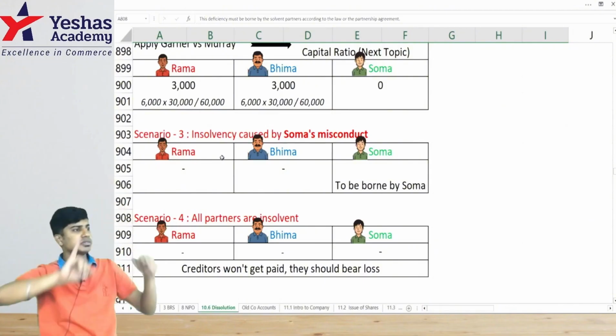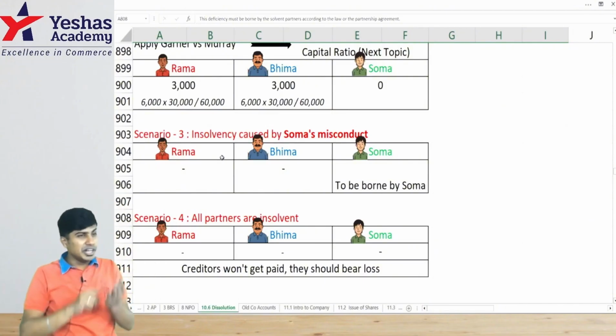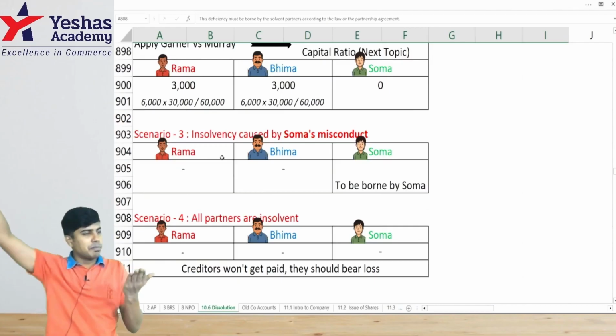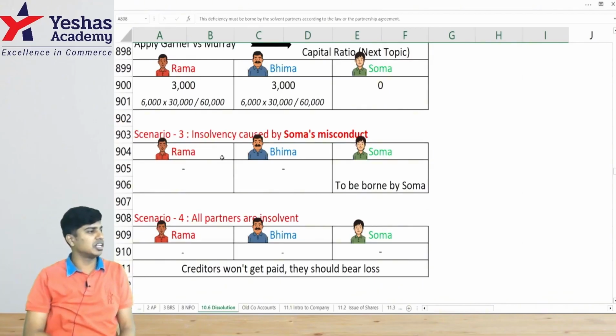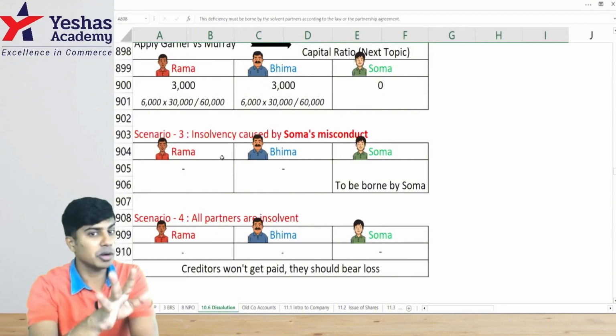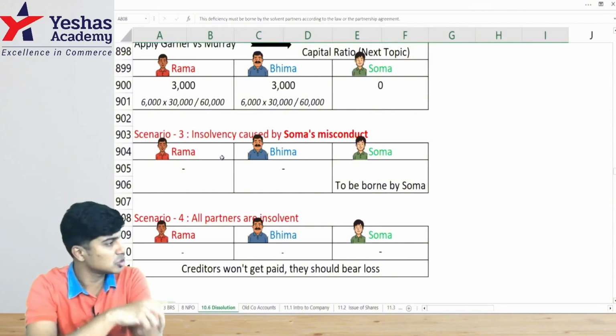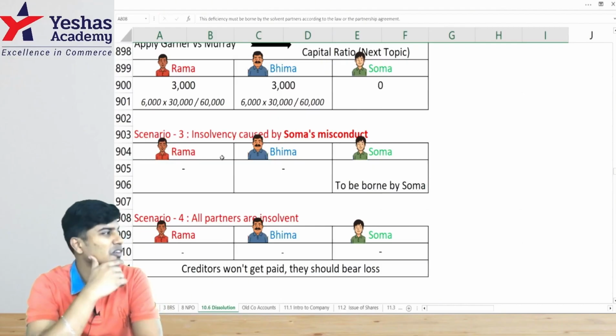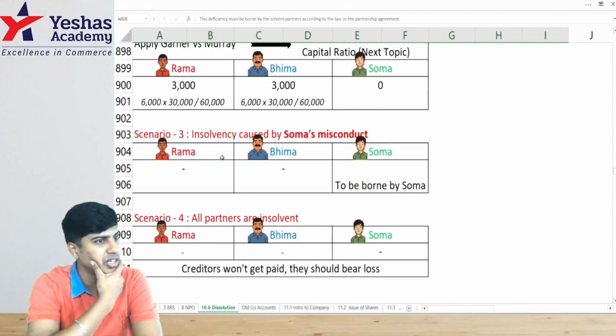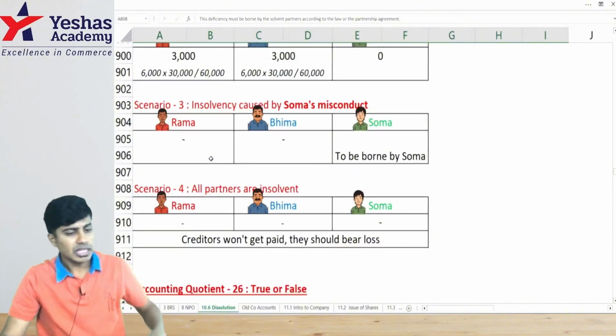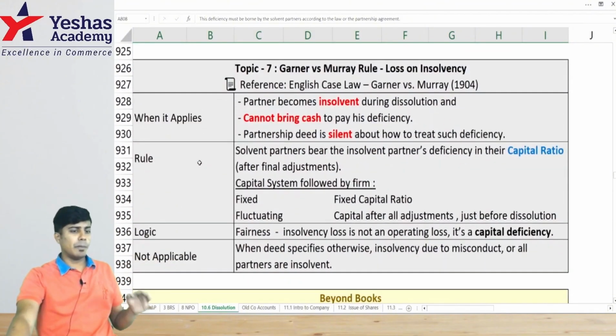But if Soma becomes insolvent because he did gambling, he did Dream 11, he did some gaming app, he wasted all his money, he played Ludo, he played online rummy, then Rama and Bhima will not bear Soma's loss. Insolvency of a partner is borne by the solvent partners if it's not because of willful misconduct or breach of agreement. Understood? Then we went into topic 7.